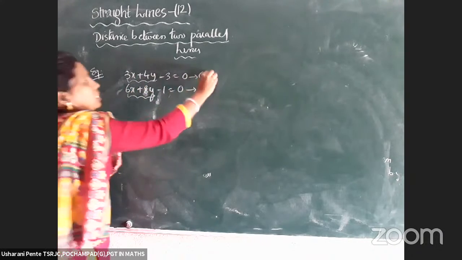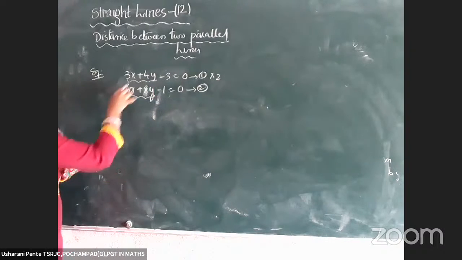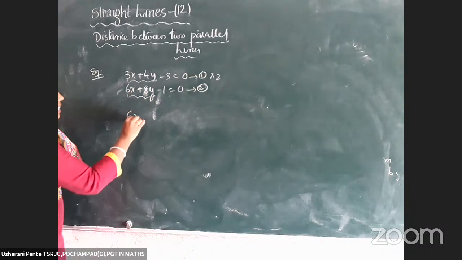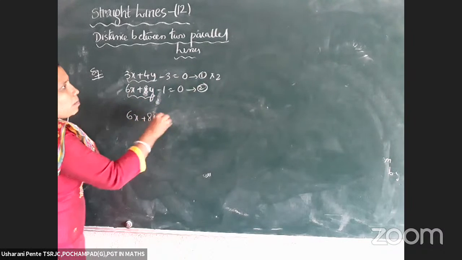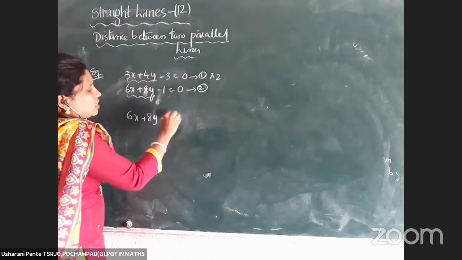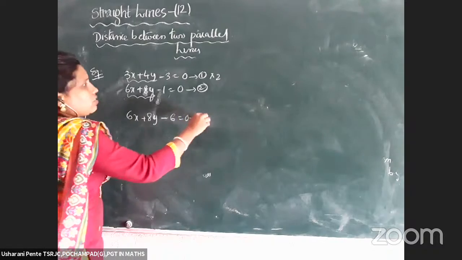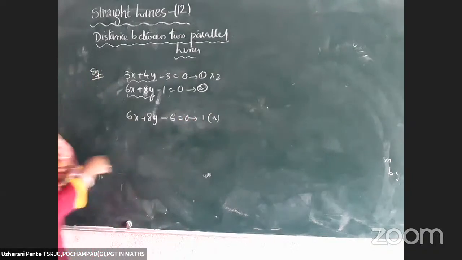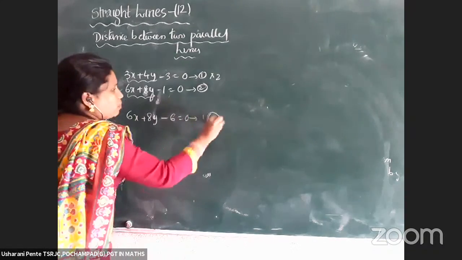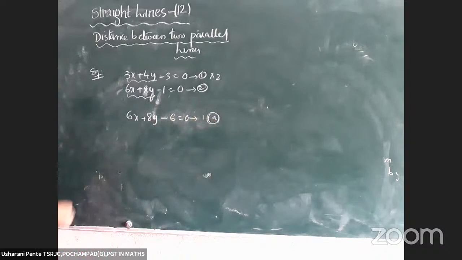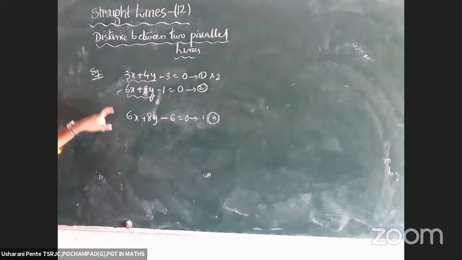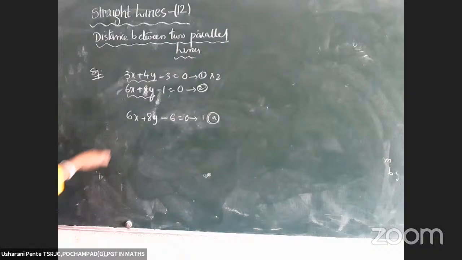If I multiply equation 1 with 2, I'll get 6x plus 8y minus 6 is equal to 0. I'm putting this as equation 1A. Therefore, now we can find the distance between these two parallel lines.